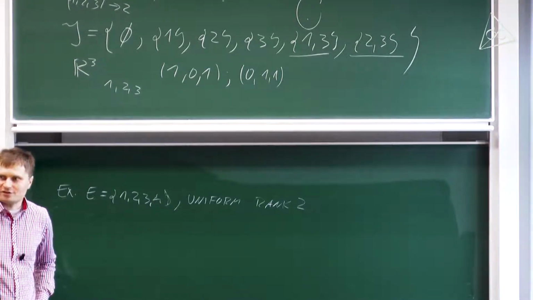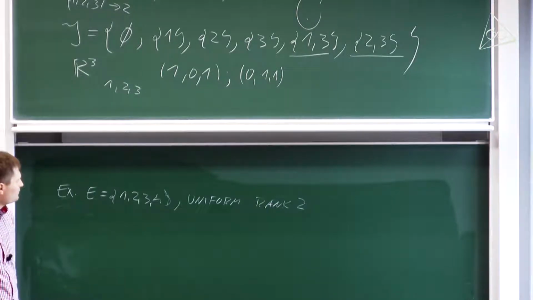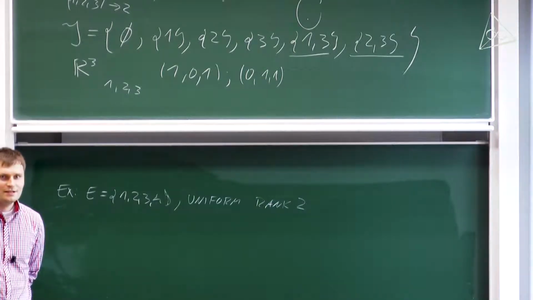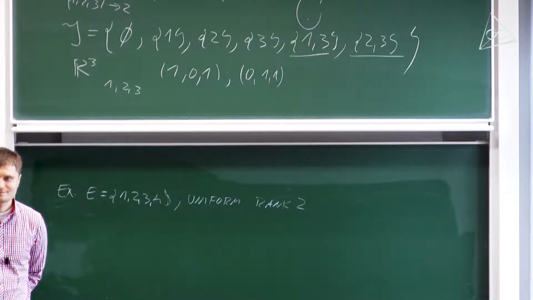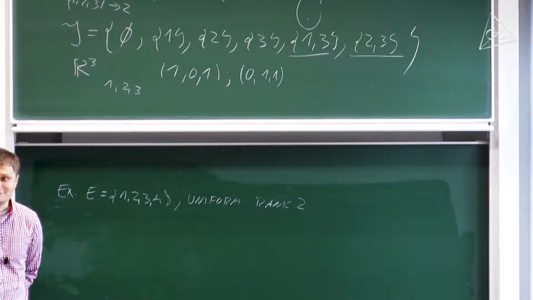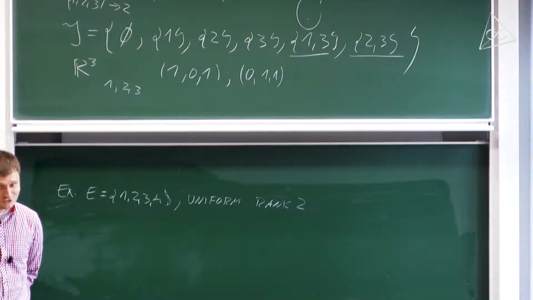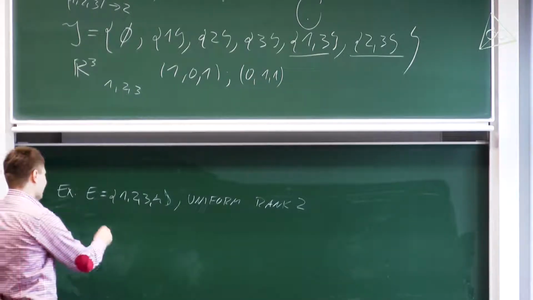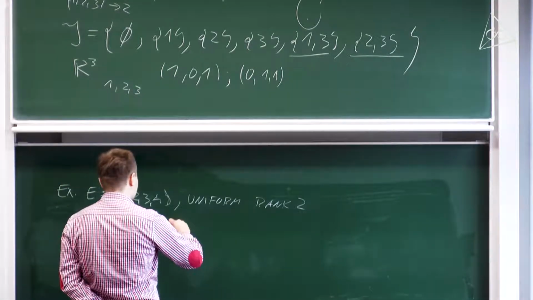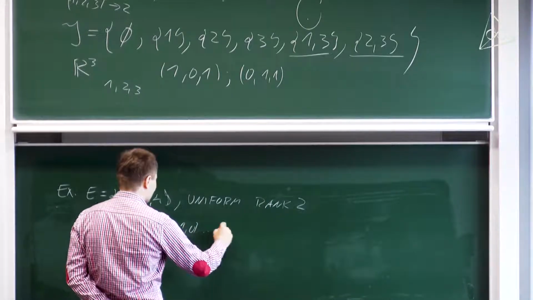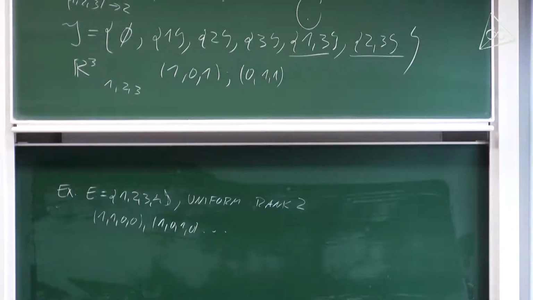How many bases are there? 6. So our polytope should have 6 vertices. And you can write them in coordinates: 1, 1, 0, 0, 1, 0, 1, 0, and so on. 2 ones and 2 zeros, and all possibilities. Is it clear? Very good.